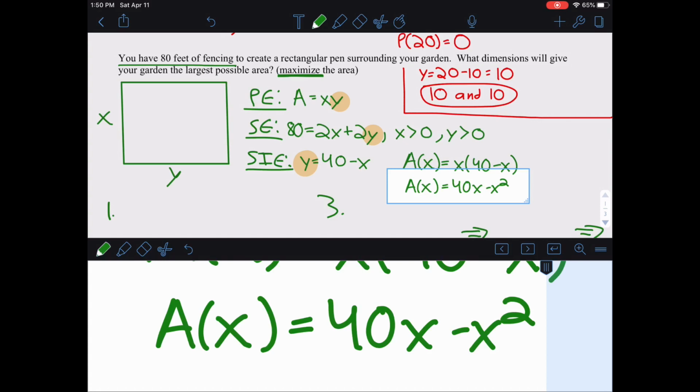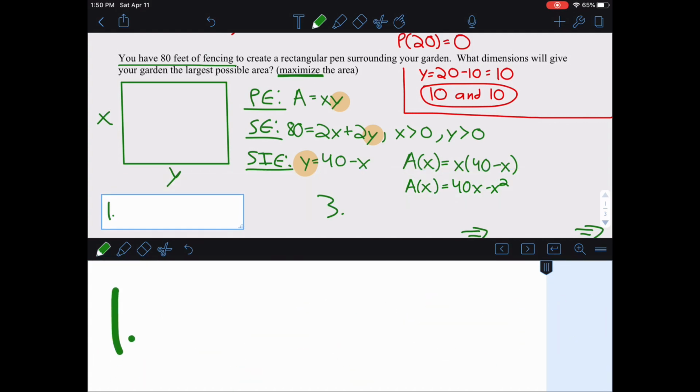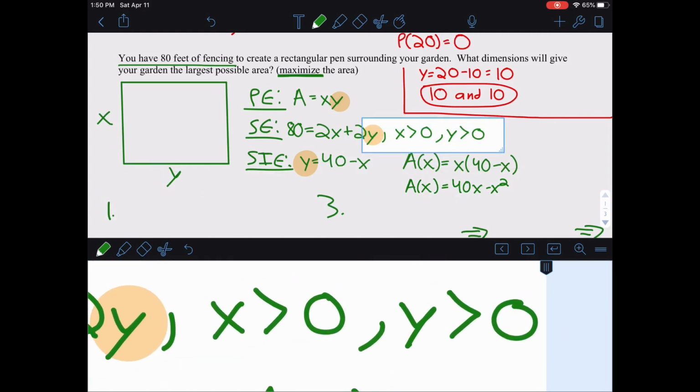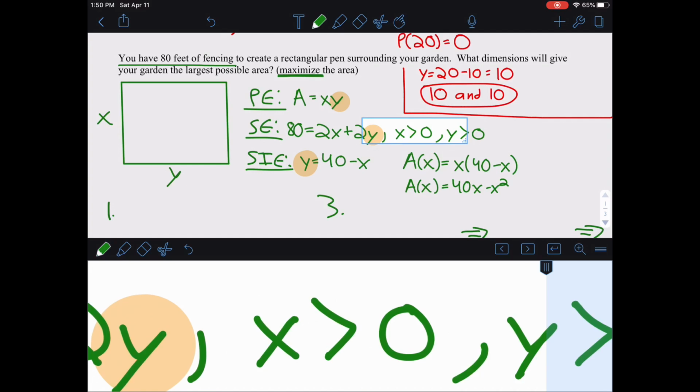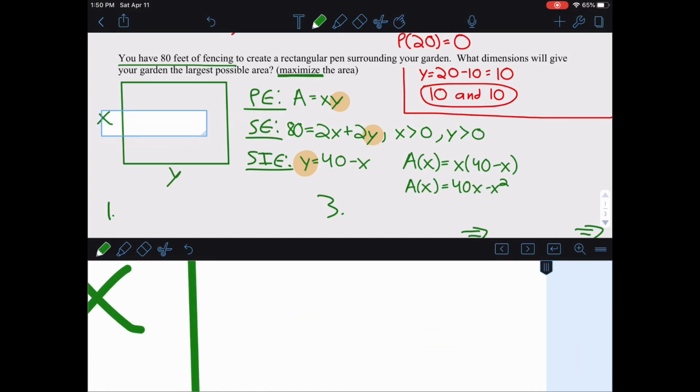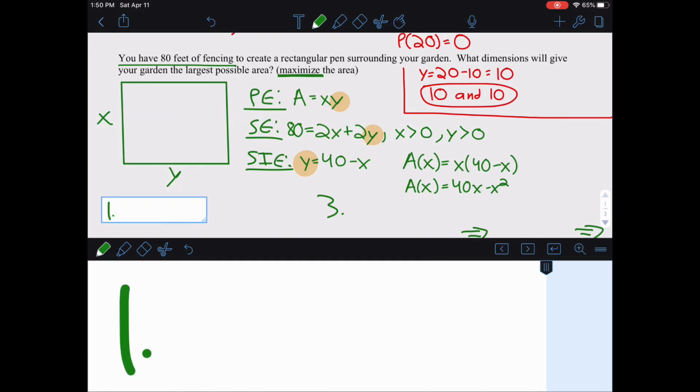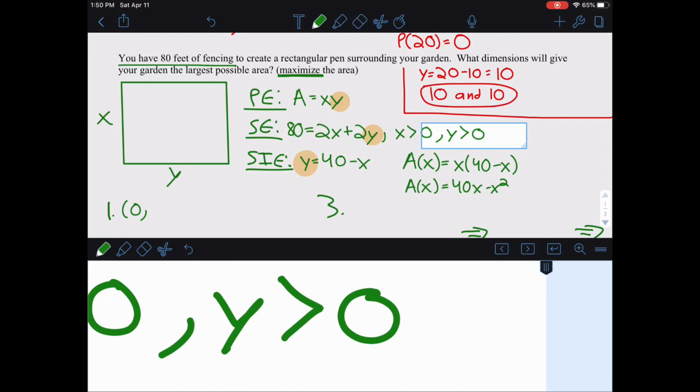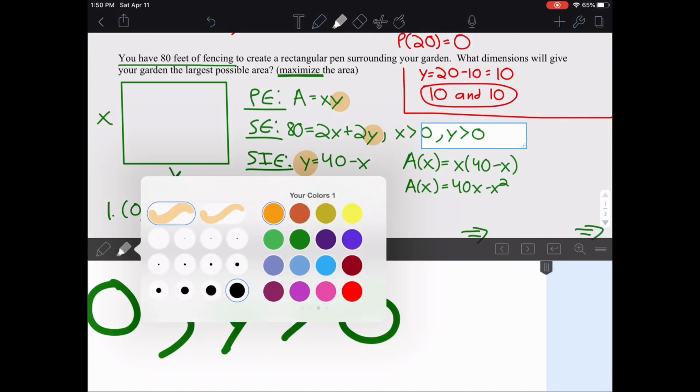Okay? So now, step one, let's find a domain. So we know x has to be greater than 0. Again, x is a side length in this rectangle. It cannot equal 0. So I have to go parentheses 0. Okay, and now what's the maximum? So just like last time, I can do a little bit of a combination here.